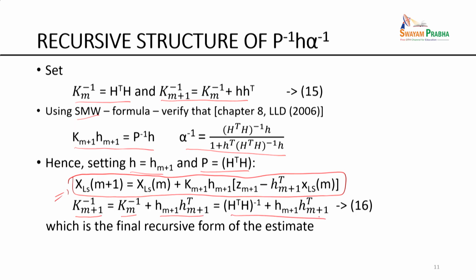Therefore, if I want to update my m observation solution to the m plus 1 observation solution, I already know this. So all I need to do is to update Km plus 1. If I update Km plus 1, I know everything else. So this equation 16 is the final recursive form of the estimate.